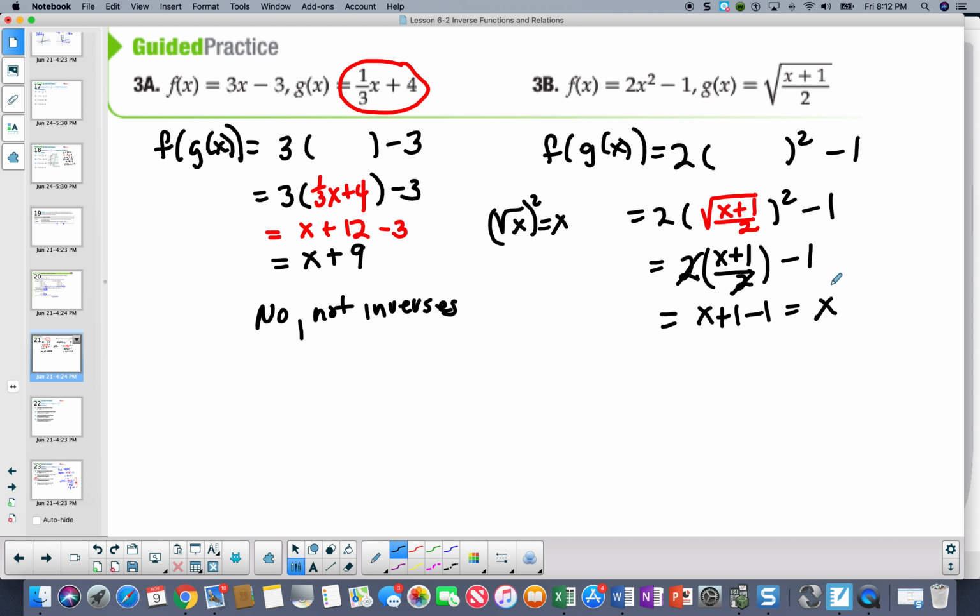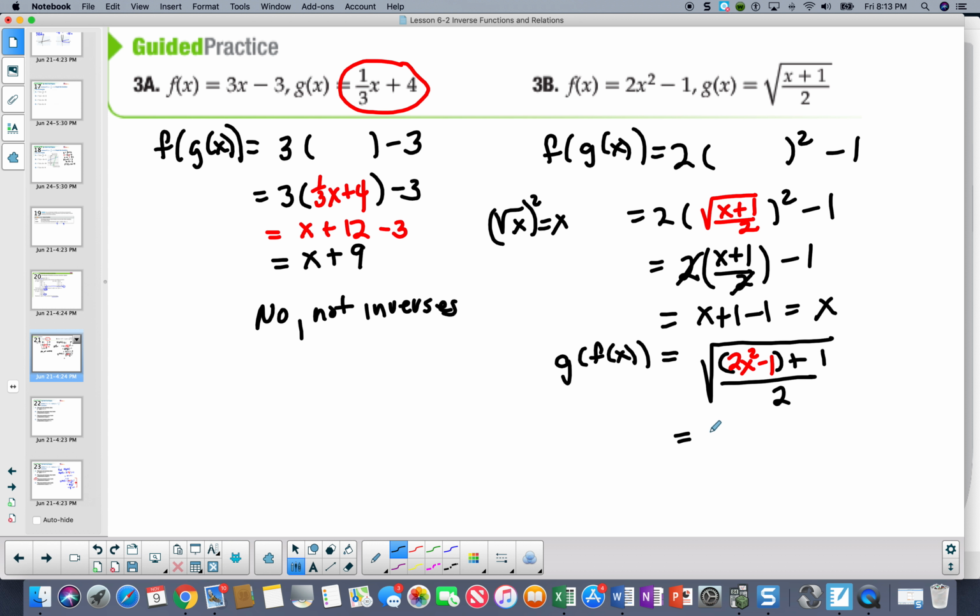This looks good. Now, if I go ahead and do the other and get the x, then it's going to work. So I'm taking my g function, and everywhere I see an x, I'm going to write a parentheses. And what I'm going to put inside of it is 2x squared minus 1.